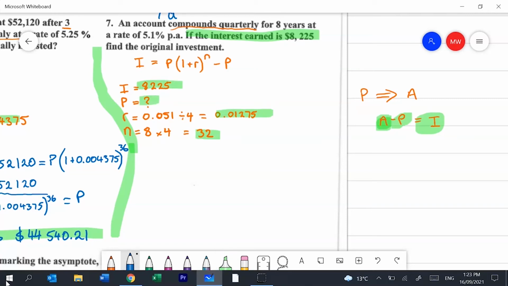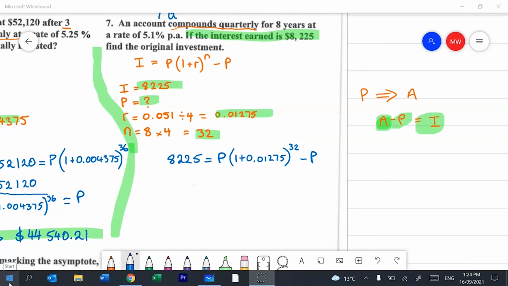So I've got an initial investment of 8225. I don't know what my principal is. I know what my rate is. I know what my n value is. And I've got another principal hanging off the end there.